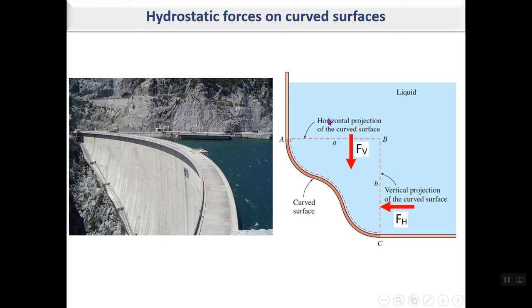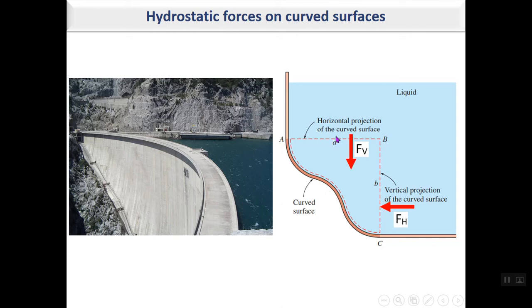The vertical force can be calculated as the volume of the liquid, either actual or apparent one, because in some cases you may have liquid here. Then the absolute value of the force will be the same, just the sign will be different.